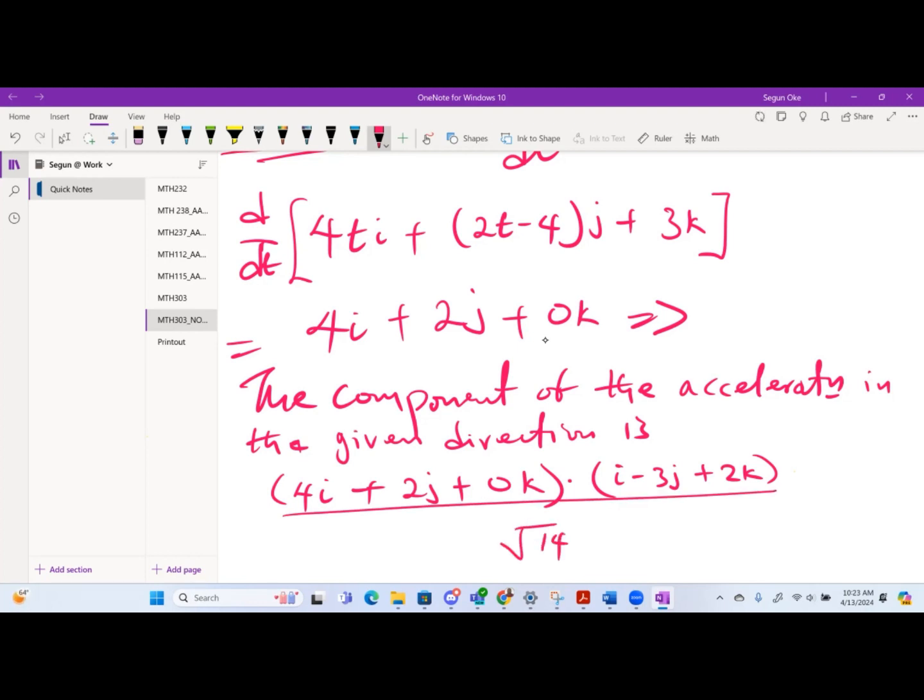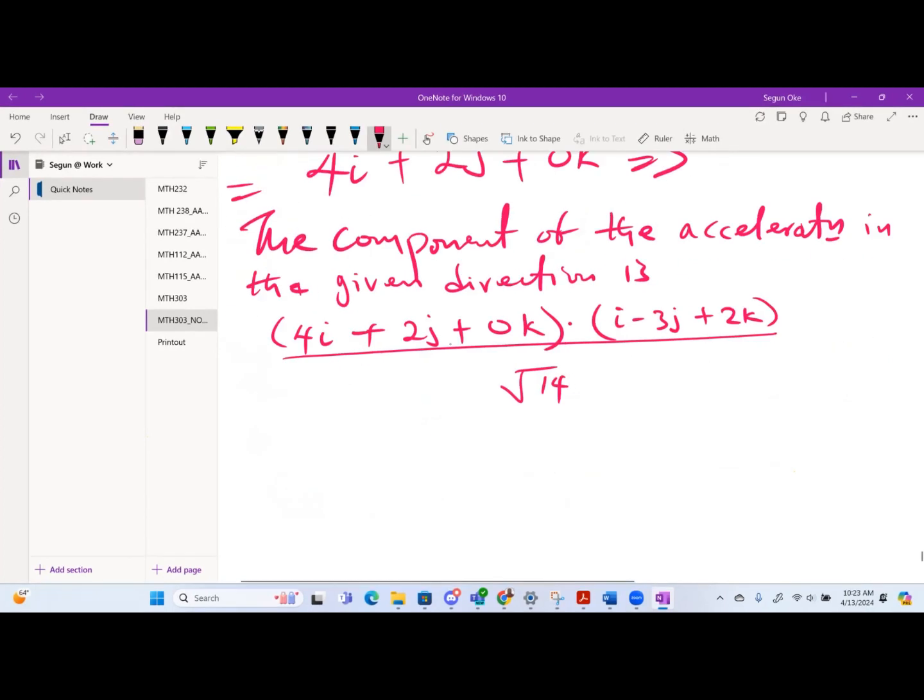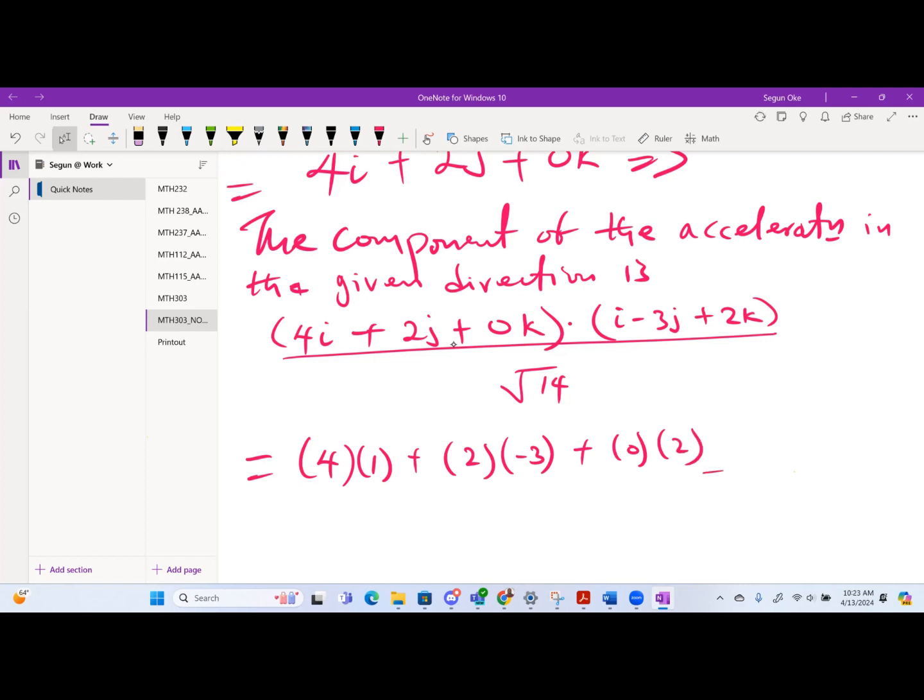So when you do this very well, you should have 4 of 1 plus 2 of -3 plus 0 of 2, everything divided by root 14.